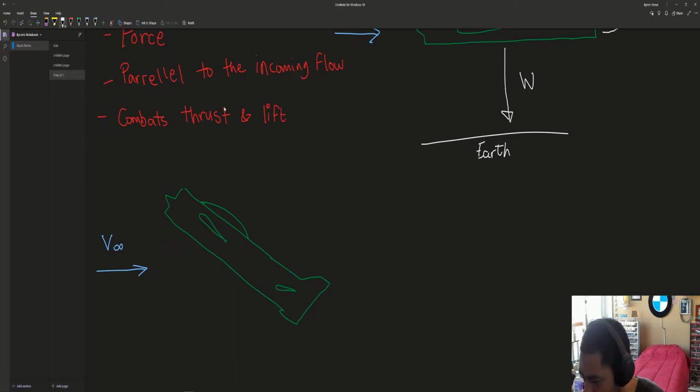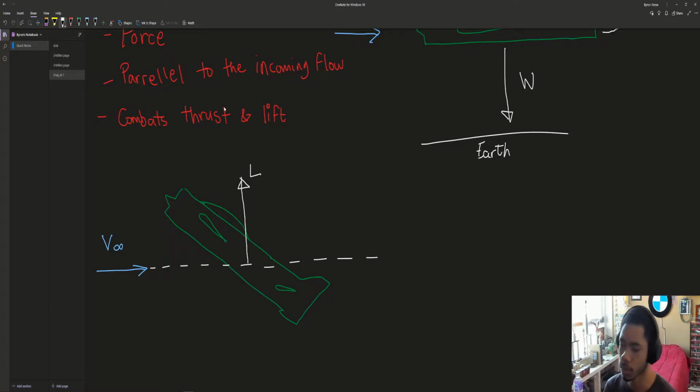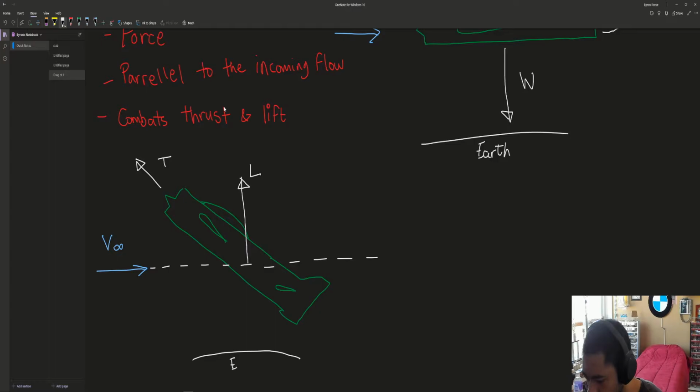Then we draw an axis line. We'll find out that our lift force is still like this. Find that our thrust force is like this, here's the Earth. So our weight force is still directly down. And then our drag force is like this. And then this angle right here is our angle of attack.